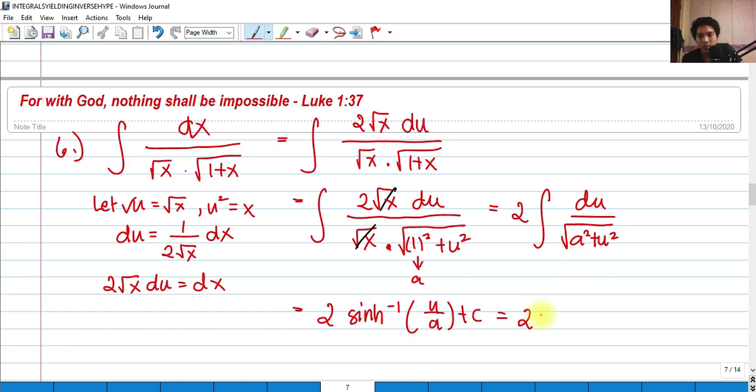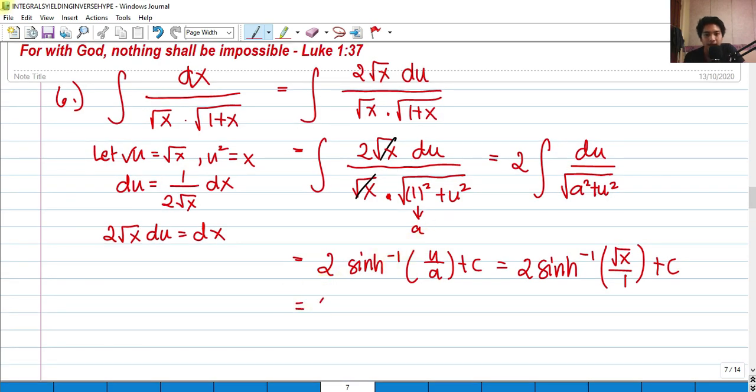So that would be 2 inverse hyperbolic sine of the value of u, and what is u? That is square root of x all over 1, which is a, plus c. But then we can simplify it as 2 inverse hyperbolic sine of square root of x plus c in terms of the inverse hyperbolic.